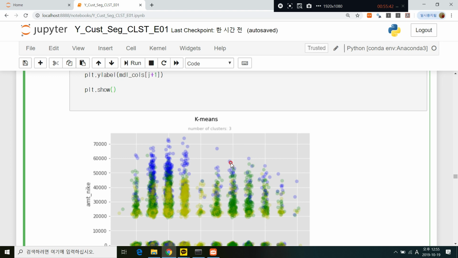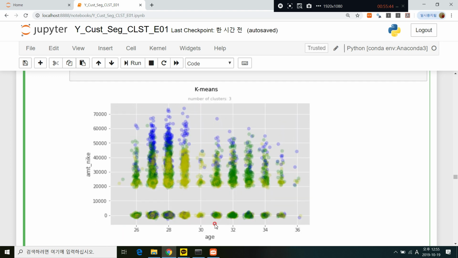These are scatter plots using two different dimension pairs, and the color shows the cluster.